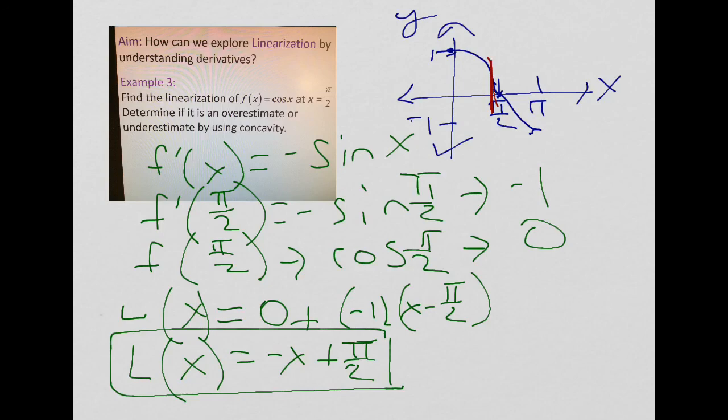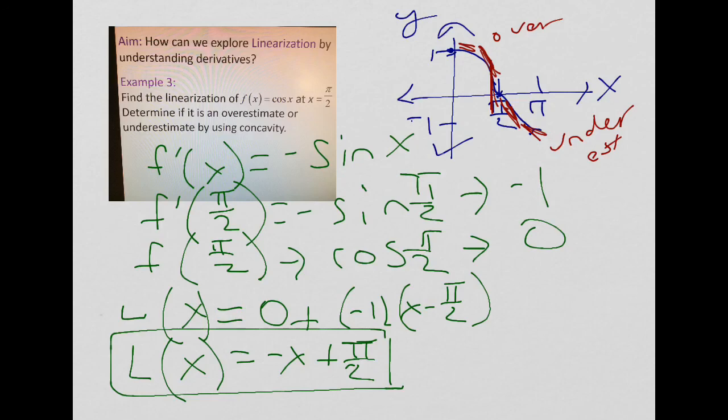So if it's less than pi over 2, then it's along the curve that is concave downwards. So you can see that it's an overestimate, okay? And where the values are more than pi over 2, you can see how below the x-axis it's concave up. So this would be an underestimate because it falls below the curve.